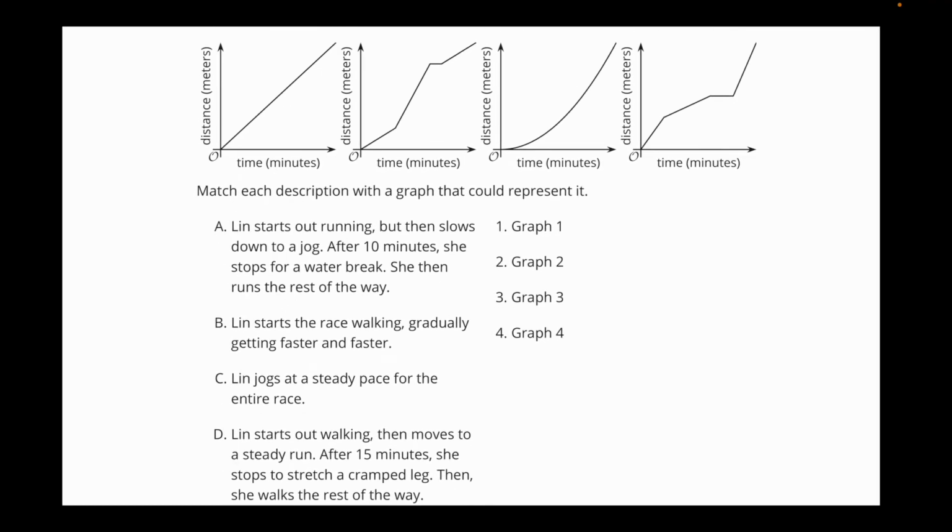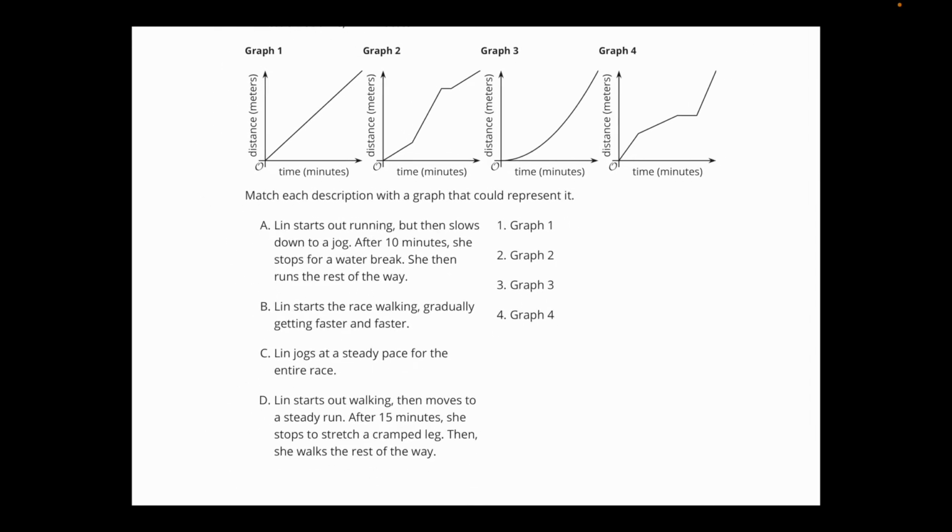All right, so I would say first, one that stands out to me is this straight line. So that's graph 1, and let's match that up with something here. So for graph 1, if I have a straight line, that is a constant pace.